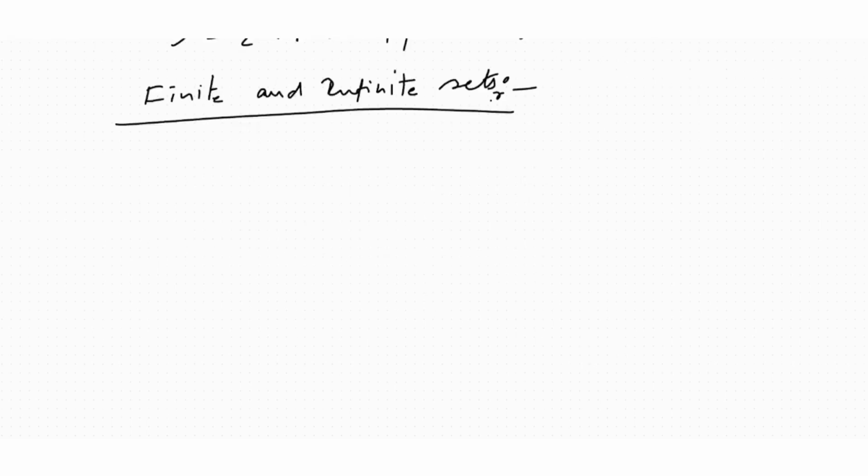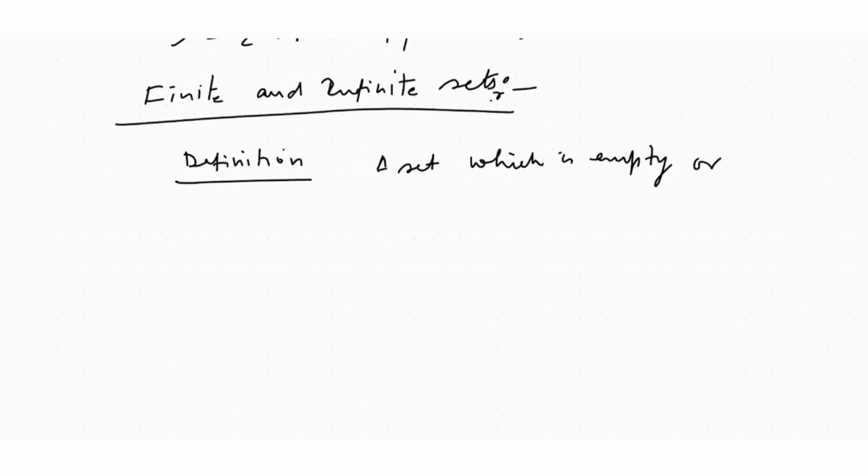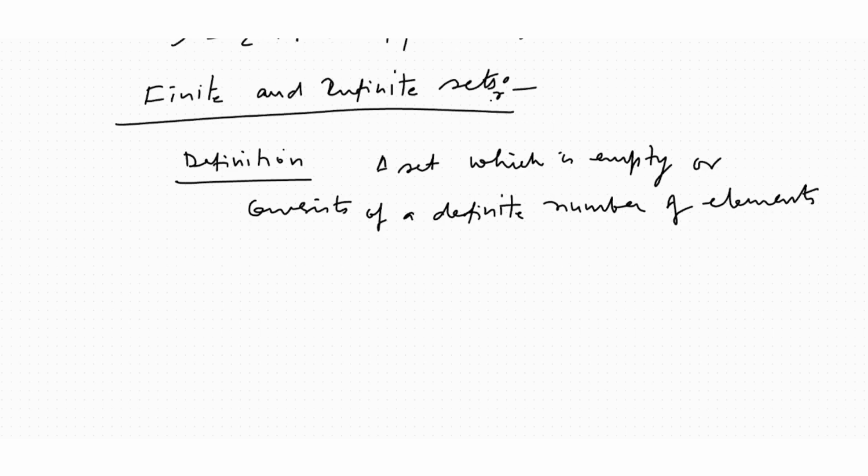A set which is empty or consists of a definite number of elements is called a finite set. Otherwise the set is called infinite.